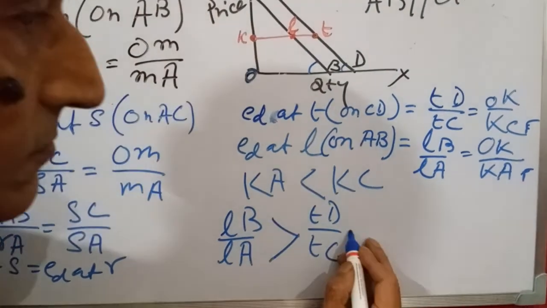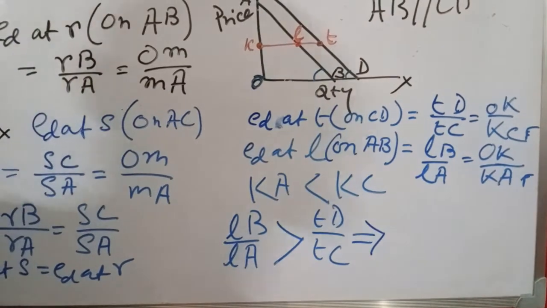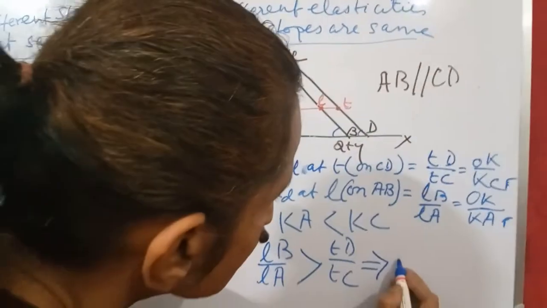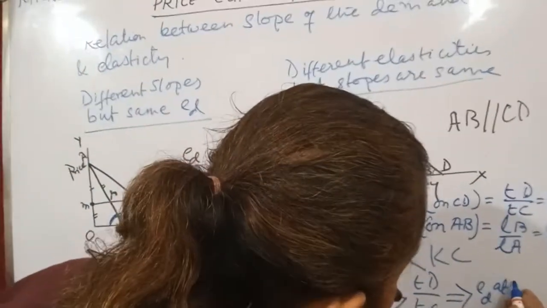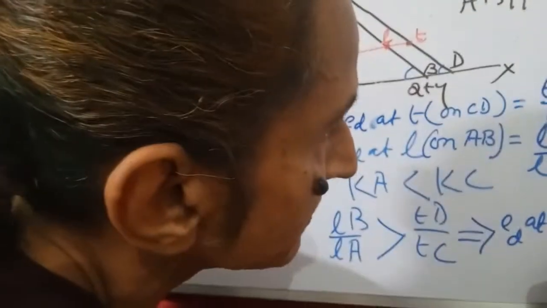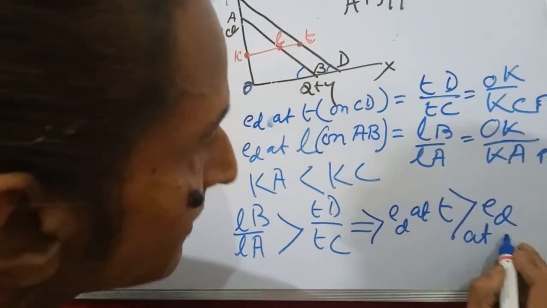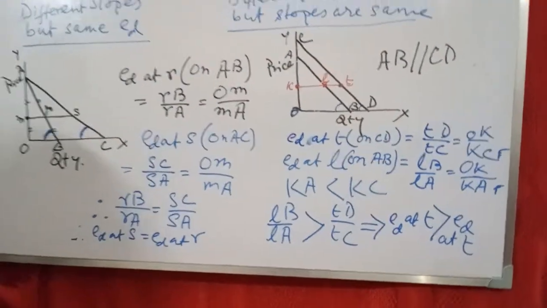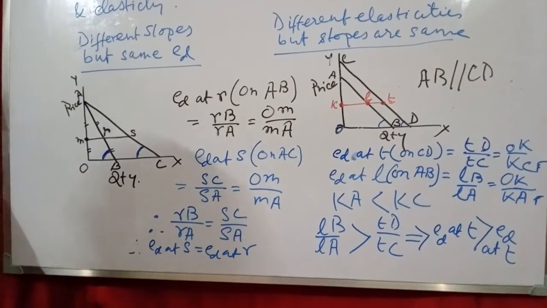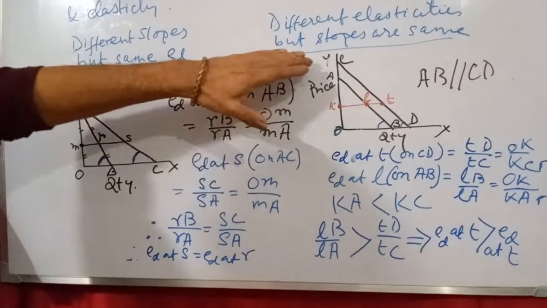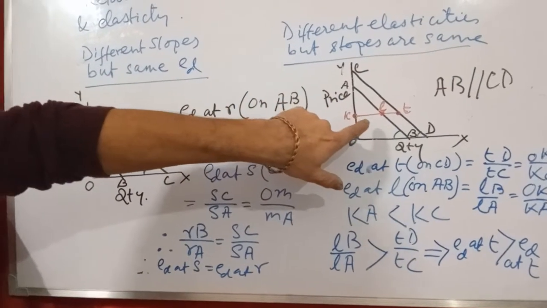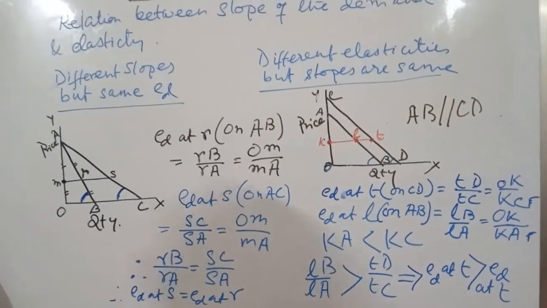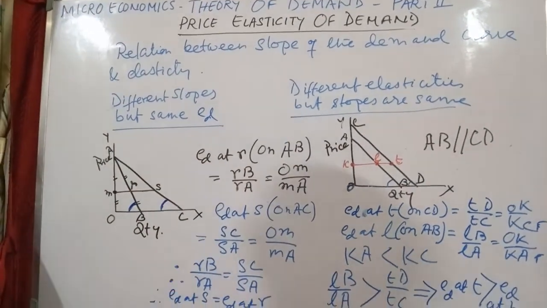This means LB by LA is elasticity at point L. So ED at point L is greater than ED at point T. So what we can deduce is that when two demand curves have the same slopes, elasticities can be different.